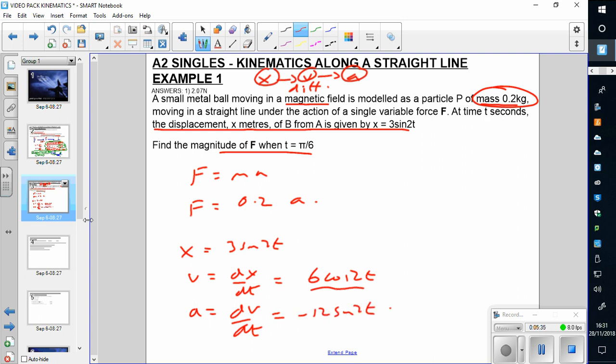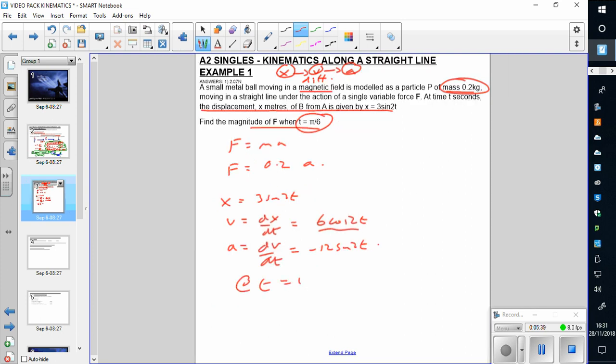It wants it at t is pi by 6, so at t is pi by 6, our a is going to be minus 12 sine 2 pi by 6, so that's going to be the same as minus 12 times root 3 over 2, so that's minus 6 root 3, okay? Whack it into our f.